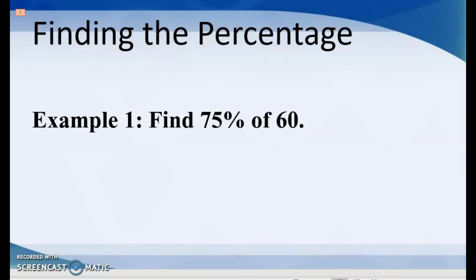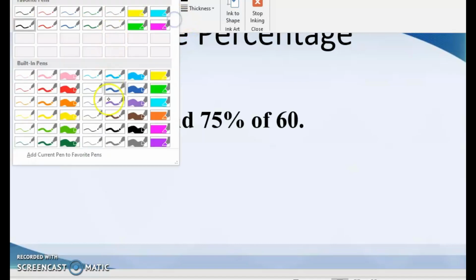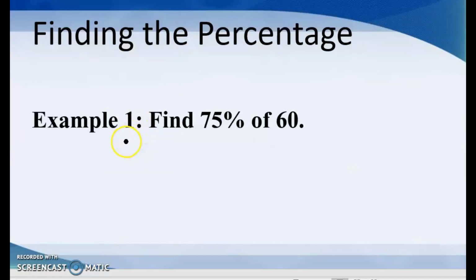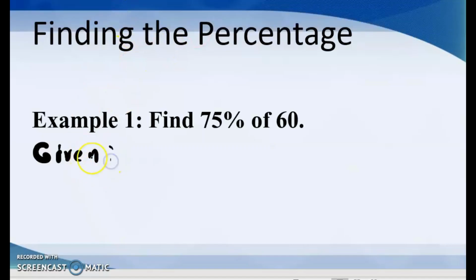Okay, so let's go to finding the percentage. Let's say, for example number 1, find 75% of 60. So, 75% of 60, first, sulat natin yung given. Given natin is 75% and 60.